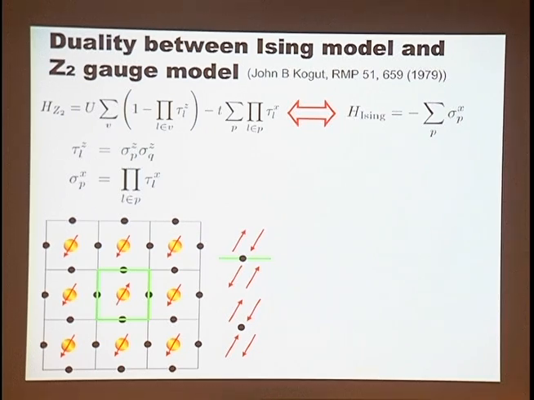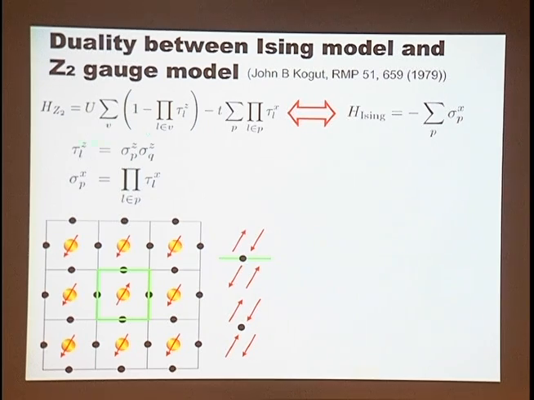So let me explain the meaning of this. Suppose I have an Ising model on this square lattice, where I have some spins. Then I can think about another model, this Z2 gauge model, on this dual lattice. Basically, this tau is the spin up and down degree of freedom on this link, and this spin sigma is on this plaquette center.